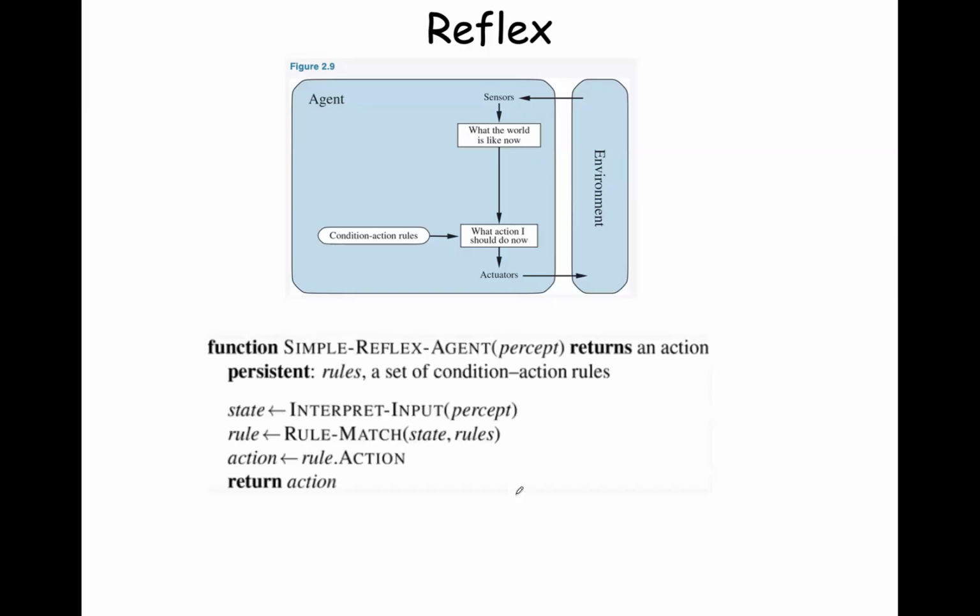And so here, you interpret your input, and that interpretation could be something simple, or it could be something complex, like identify the objects in this image, in the driving example. Then you look at some rules, and then you play the action associated with that particular rule that you get from your condition action rules. Does that make sense? Any questions?